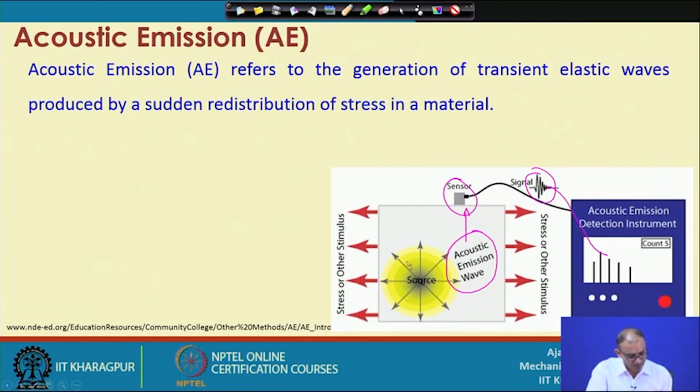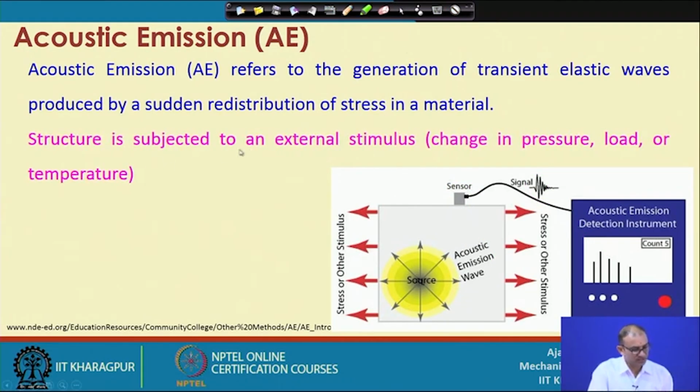Wherever you get some disturbance in the material, or some stress generation because of stimulation, you will get a signal because of the acoustic emission wave. Based on this principle, this is a very useful sensor, specifically in the micro machining domain.